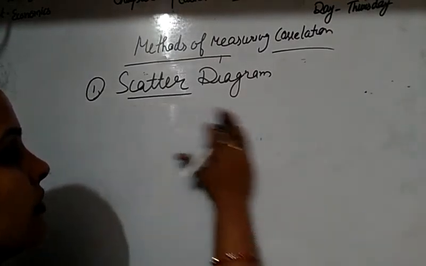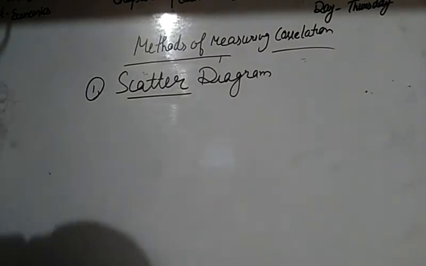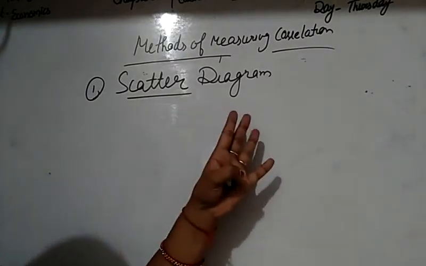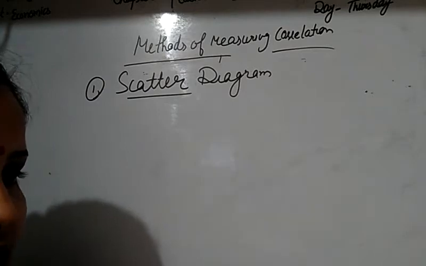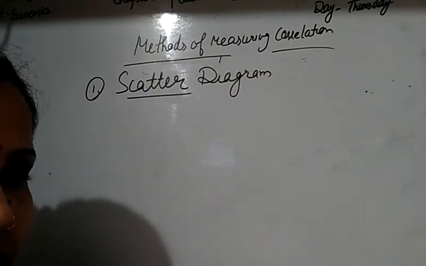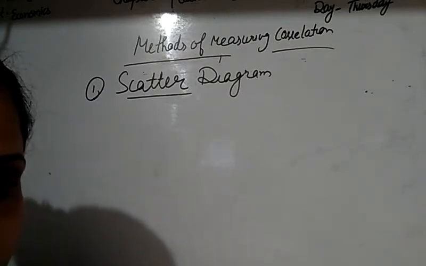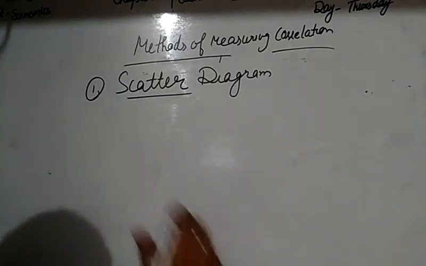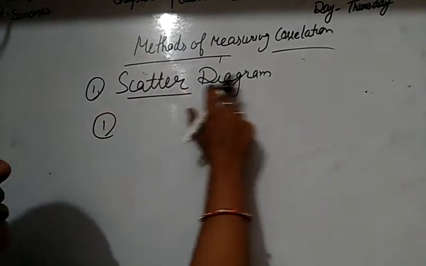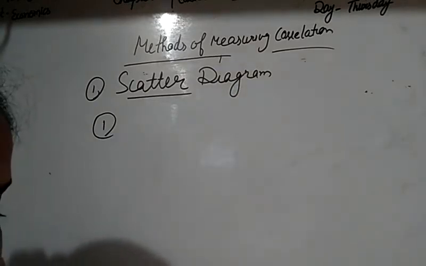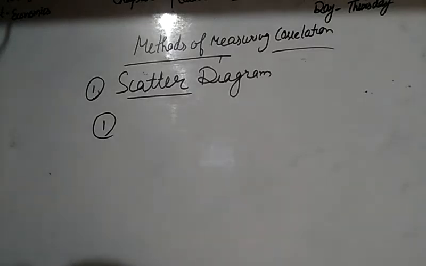A number of graphs are there. How can we judge what degree of correlation is there, whether it is positive or negative? Through the scatter diagram, we can interpret it in the following ways.